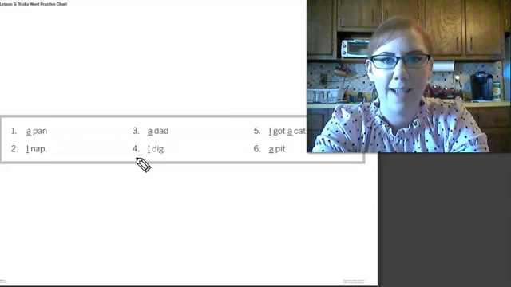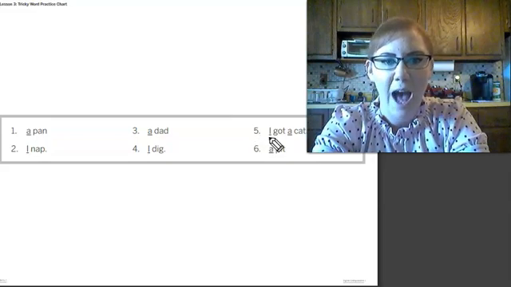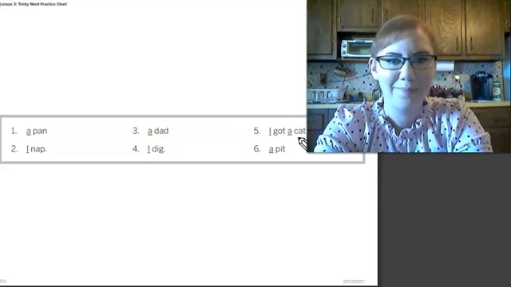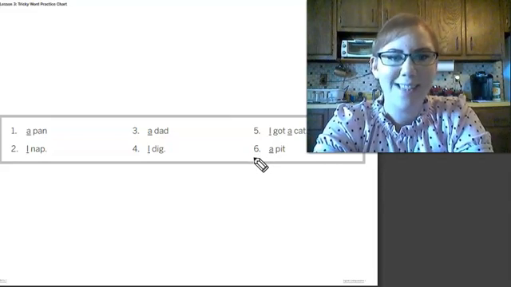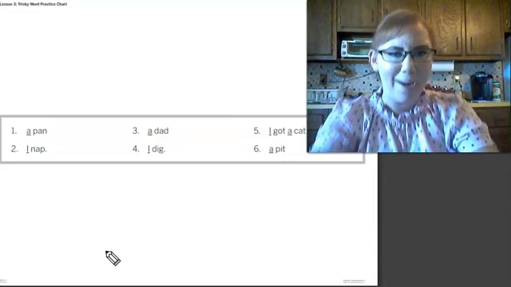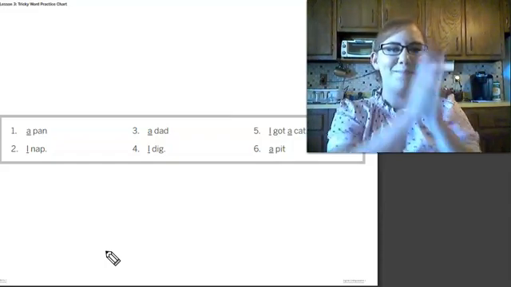Number 4, I dig. Number 5, I got a cat. That one has both of the tricky words in it. Number 6, a hit. Great job! Give yourselves a round of applause.